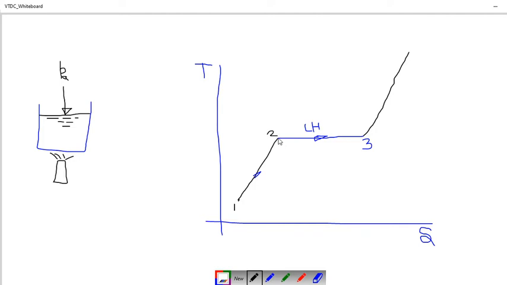That is, beyond point 2, if we add a very small amount of heat, there is a start of phase change from liquid to vapor. That's why point number 2 is called the saturated liquid point, while point number 3 denotes the saturated vapor point, because if a small amount of heat is taken away from this vapor, we would generate water droplets.